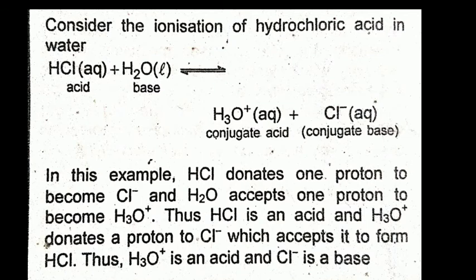Thus, HCl is an acid and H2O acts as a base. Here, H3O+ is known as the conjugate acid because it accepts an H+ ion, and Cl- ion is known as the conjugate base because it loses its H+ ion.